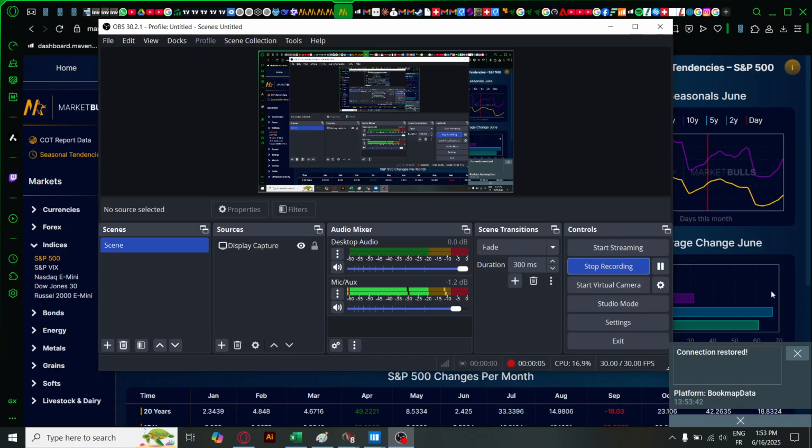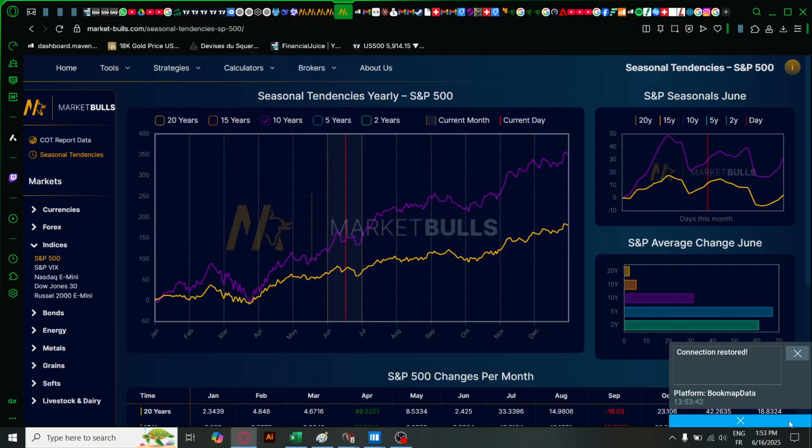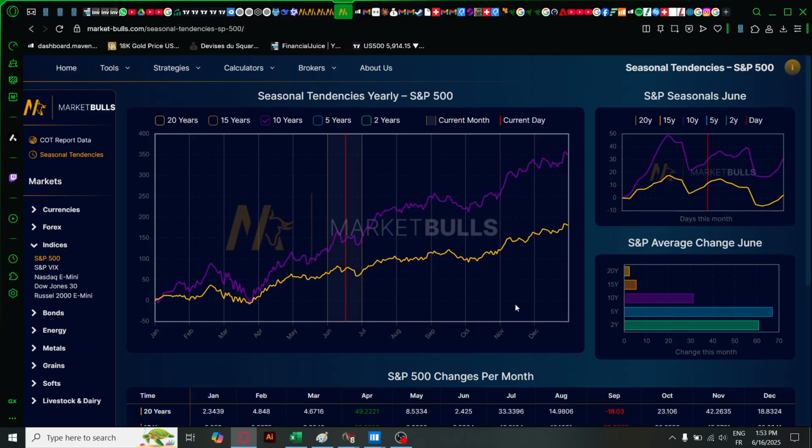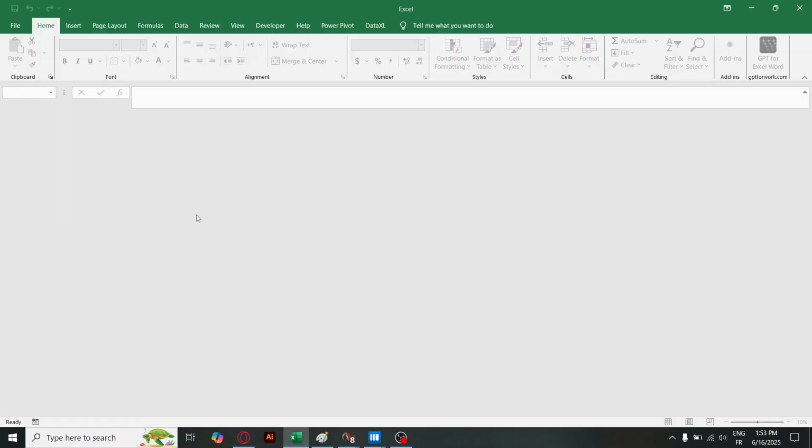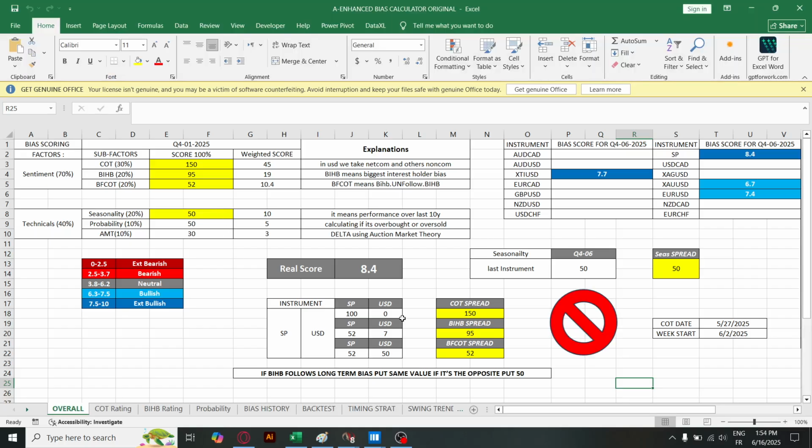Now today we have the S&P 500, and the first thing we'll look for is COT data, and we have 8.4, which is extremely bullish.